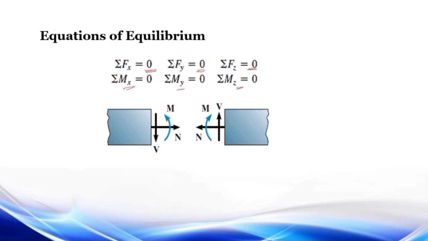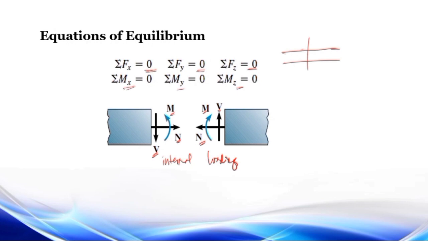And makikita naman natin dito, this is the internal loadings. Itong internal loadings ay pag-uusapan natin sa chapter 4 when we talk about the shear and moment diagram. So, kung ito ay yung isang buong structure and hinati natin siya, so therefore exposing the internal loading, so we have here a shear, and we have here a resisting moment, and we have here the normal force or the actual forces.